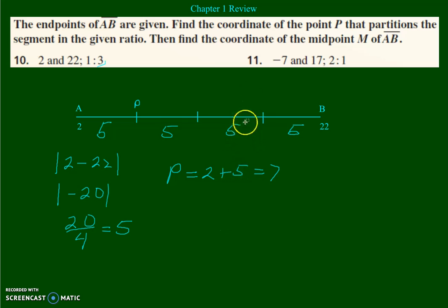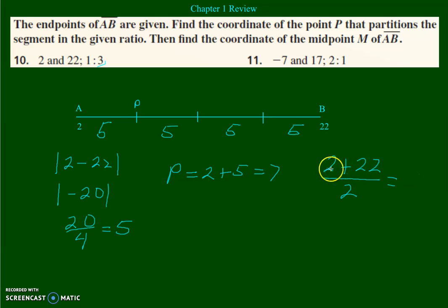Now let's finish up the problem, the second part. Find the coordinate of the midpoint, M of AB. So remember that the midpoint is simply the average of the endpoints. So to average two numbers together, let's select our chalk, we take 2 plus 22 divided by the number of numbers, 2.